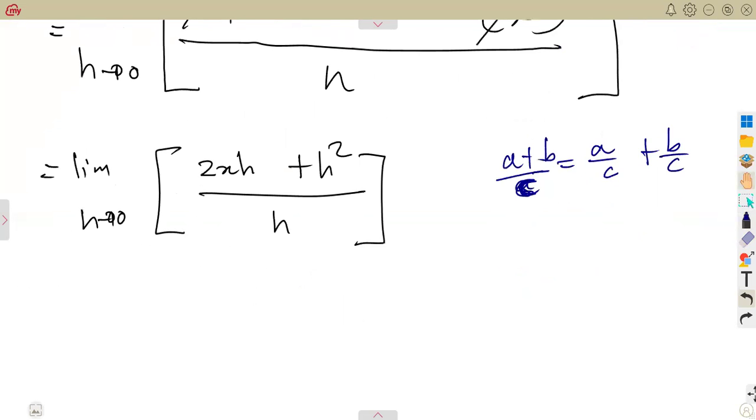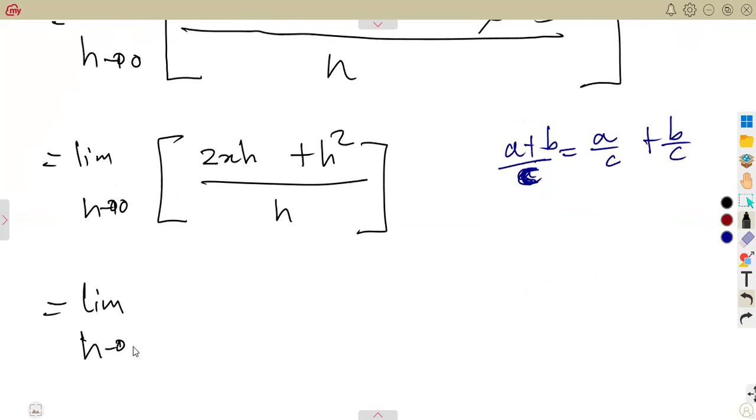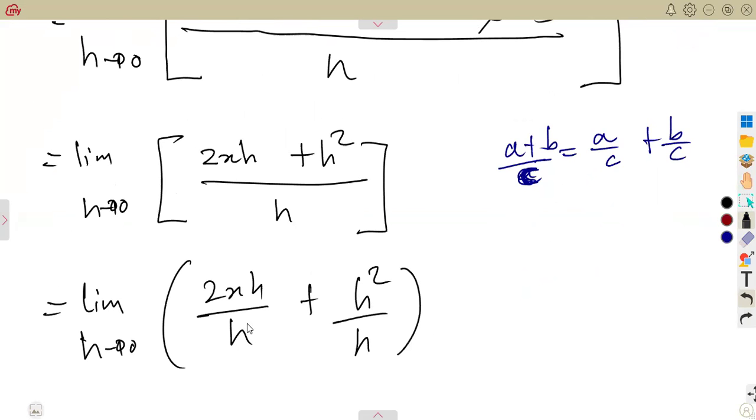So you can actually use the same concept there. Remember, what we need is to get rid of the h in the denominator. So by getting rid of this h in the denominator, that will be 2xh over h plus h squared over h, like this. So let's divide. The h and the h cancel. The h into the h squared, that will be h.